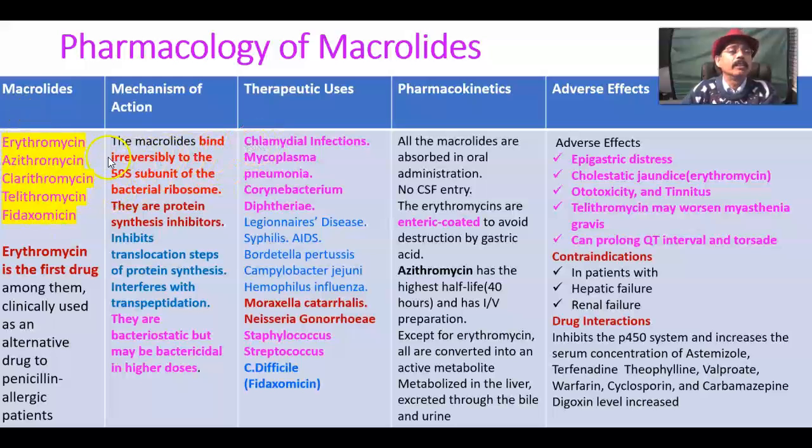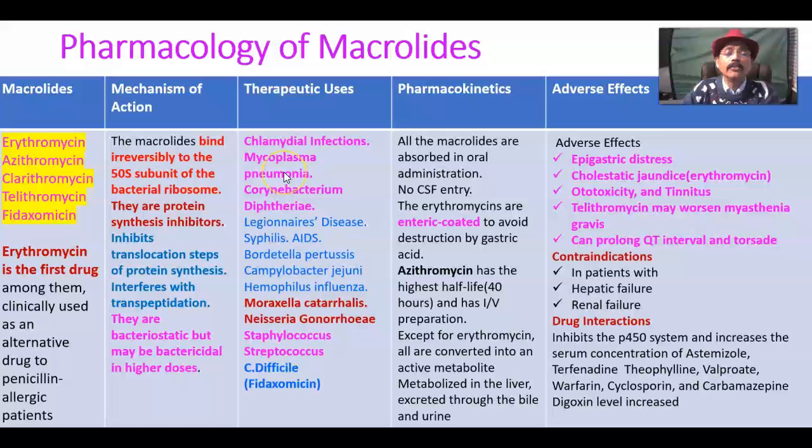In general, they are used as antibiotics for chlamydial infection, specifically azithromycin. This is an STD and it causes UTI. It is also useful in the management of pregnant women with chlamydial infection.